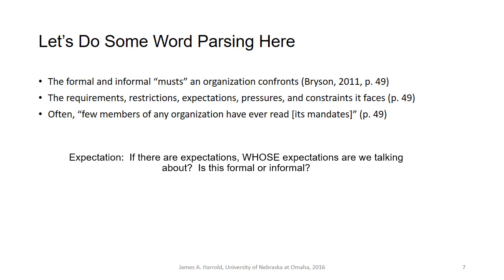Third, expectations. Well, if someone expects that an organization is going to do something, whose expectations are we talking about? And then again, are expectations formal or informal? So let's think about if you and I stood up a nonprofit, let's say it was a food bank. What are we expected to do?